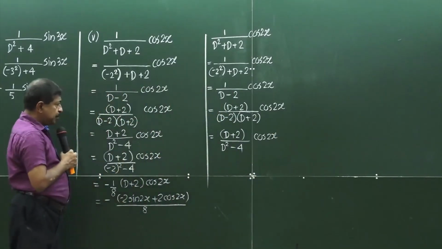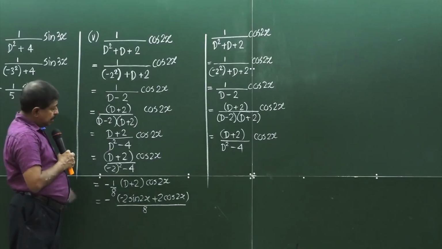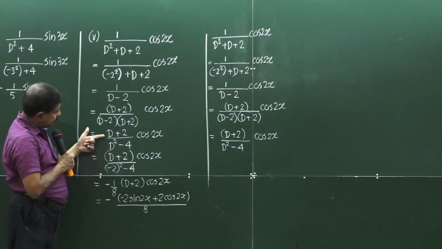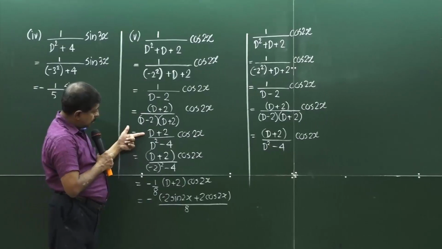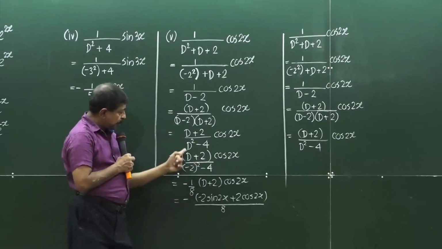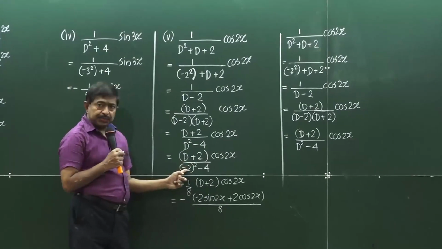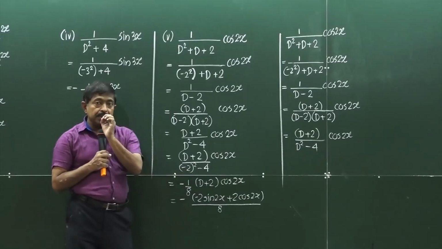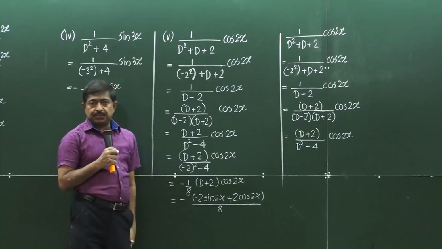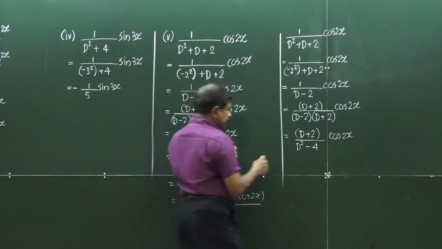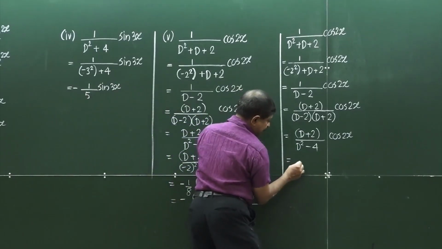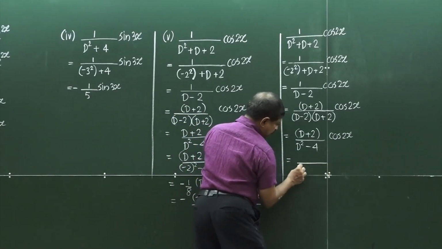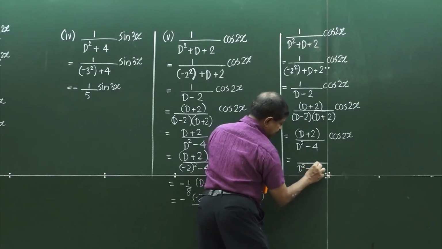Now after this, here what did you do once you get this step? You substitute minus 2 squared for d squared. Now I'll do something completely different. I keep this as it is.